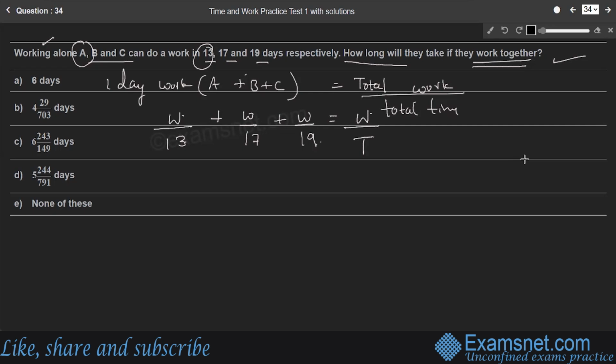Simplify it. So here LCM is 13 into 17 into 19, right? And the numerators become 17 into 19W plus 13 into 19W plus 13 into 17W is equal to total work by total time. We'll simplify it, right?